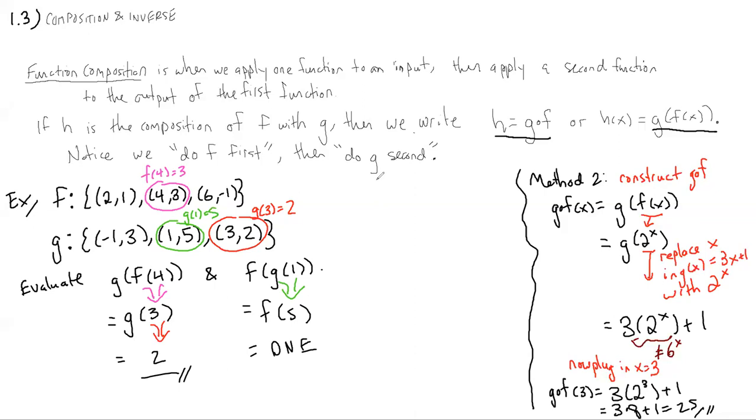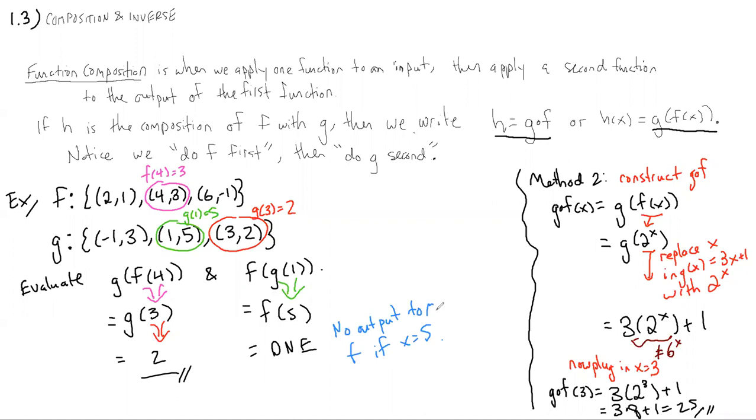I don't have an output for 5, so it doesn't exist. So yeah, that one doesn't exist, and that's basically how we'd answer that.